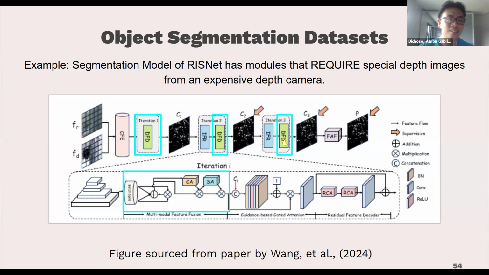So what I'm looking at in my research is, is it possible to replace this specific module here so that I do not need to use a depth camera anymore? By doing that, I could make the object segmentation network much more accessible to the public.